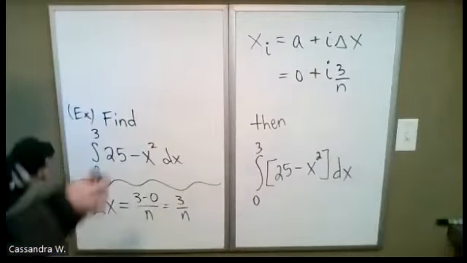As n gets bigger and bigger, the overall value is going to 0, it's getting smaller and smaller. So this delta x, the width of the rectangle, gets smaller and smaller. And then I'm going to draw a quick sketch.